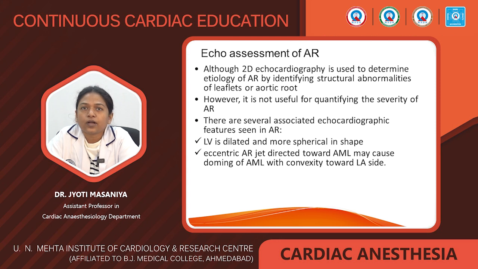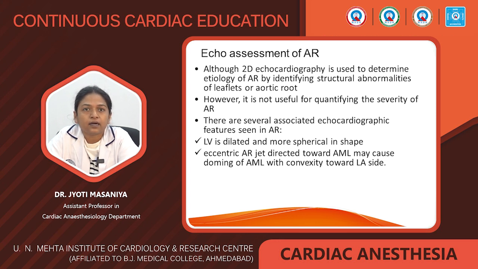Although 2D echocardiography is used to determine etiology of AR by identifying structural abnormalities of leaflet or aortic root, it is not useful for quantifying the severity of AR. There are several associated echocardiographic features seen in aortic regurgitation, such as a dilated LV, and the LV is more spherical in shape.